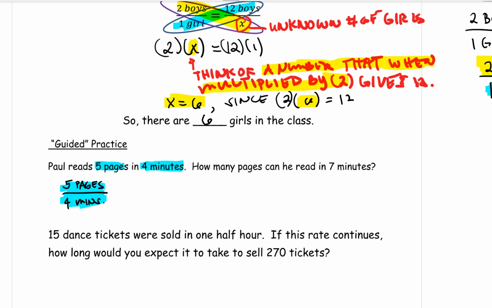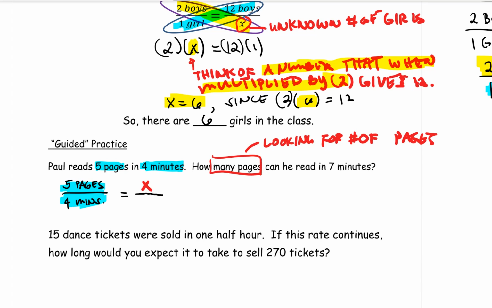And how many pages can he read in 7 minutes? Well, we can write the second ratio as, if you can see here, the unknown is the number of pages. We're looking for the number of pages. So I don't know the number of pages, so I'm going to place x.